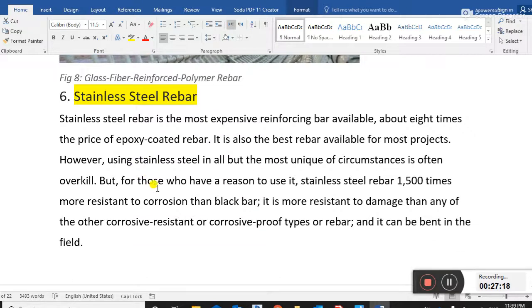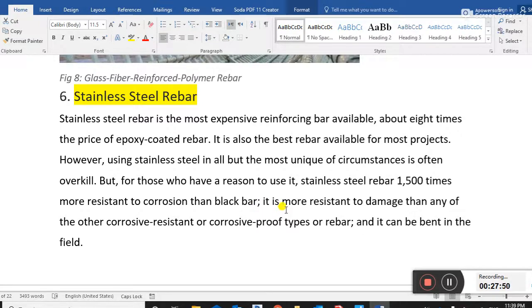However, using stainless steel is rare except in the most unique circumstances, but for those who have reason to use it, stainless steel rebar is 1500 times more resistant to corrosion than black bar.